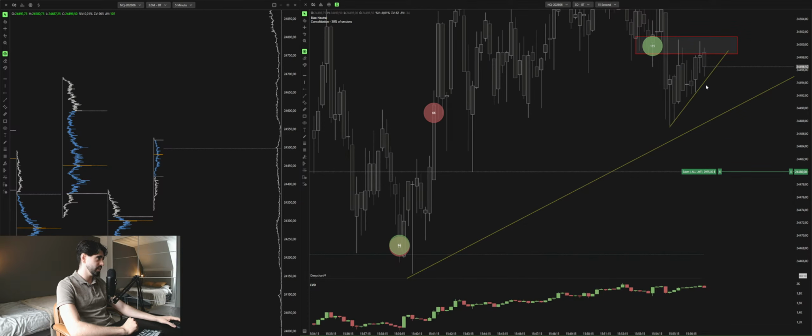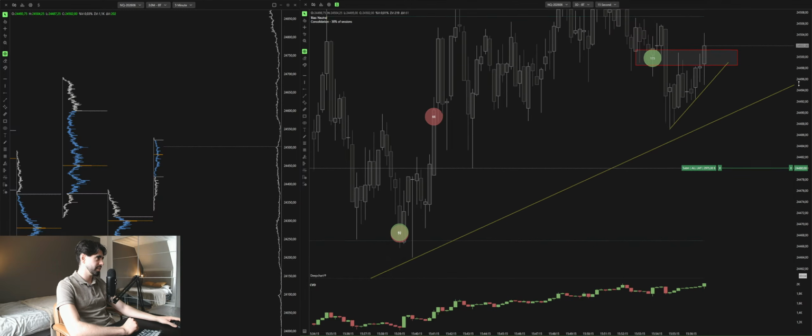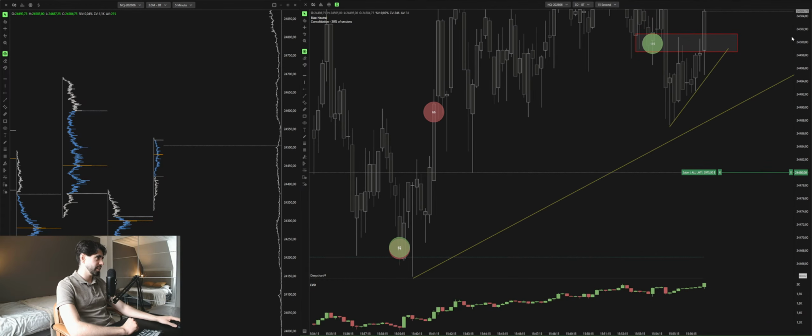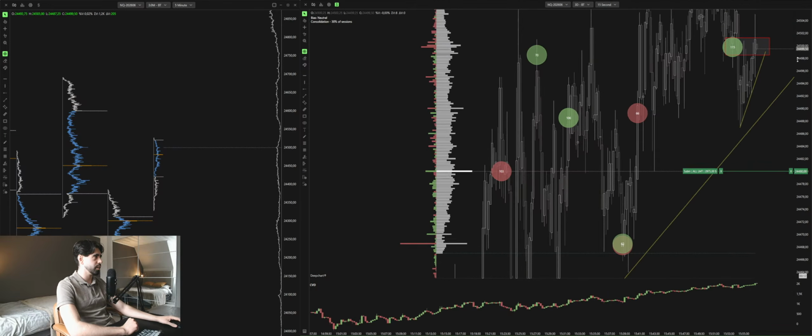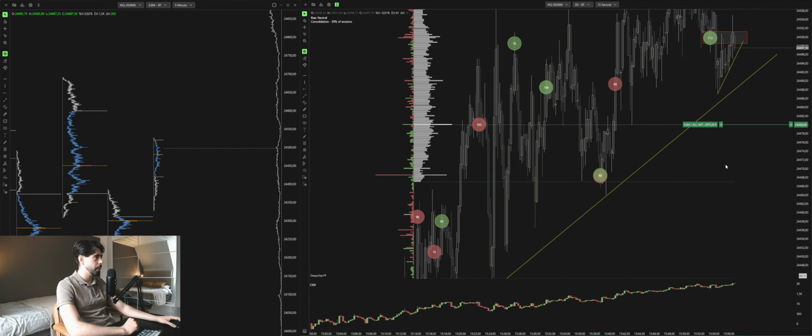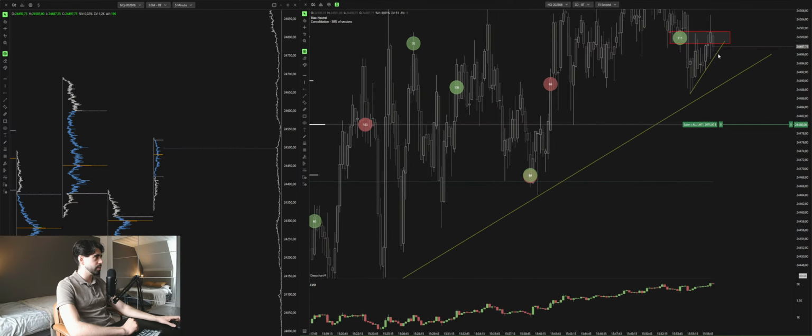The trend in a trend. You just love to see it, huh? Can we come down to poke at least? I think we will come down to poke, but we have to break the trends.